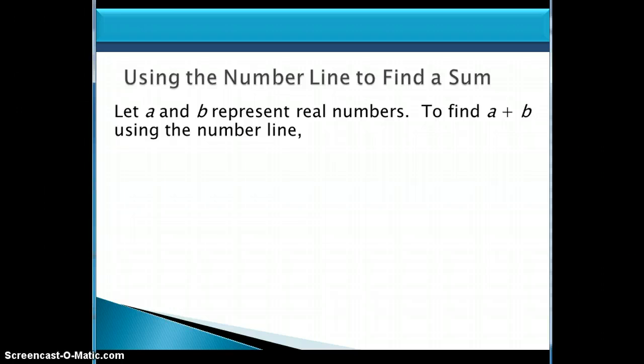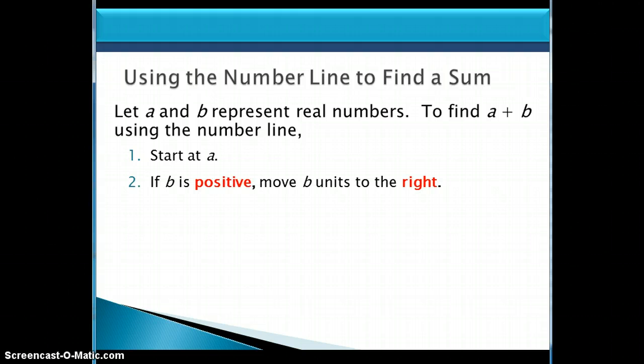Now let's review how to add real numbers using the number line. Let A and B represent real numbers. Then to find the sum A plus B using the number line, we first start at A, and then if B is positive, we'll move B units to the right.